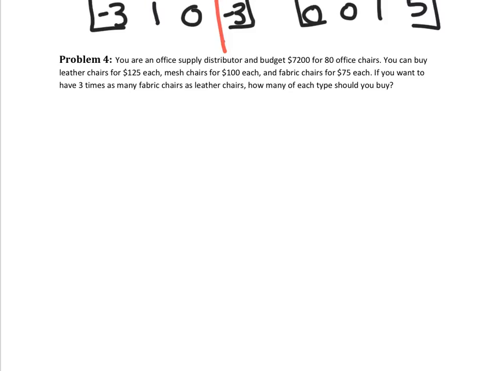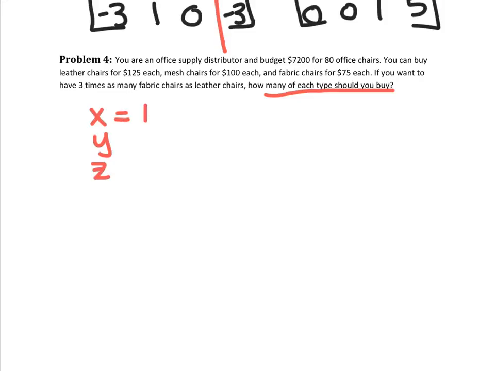Problem 4 is a word problem, and I have to set up my equations. It says here, you are an office supply distributor and you budget $7,200 for 80 office chairs. You can buy leather chairs for $125 each, mesh chairs for $100 each, and fabric chairs for $75 each. If you want to have 3 times as many fabric chairs as leather chairs, how many of each type should you buy? Our unknowns are how many of each type, so that's what I want my x, y, and z to represent.